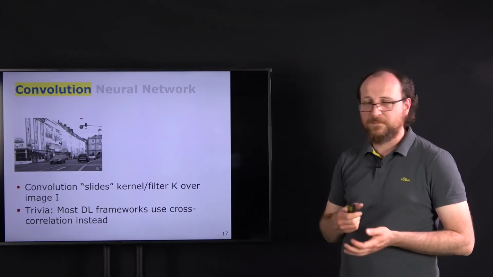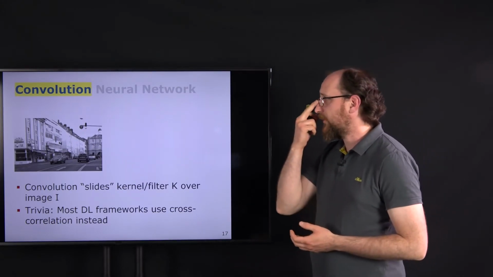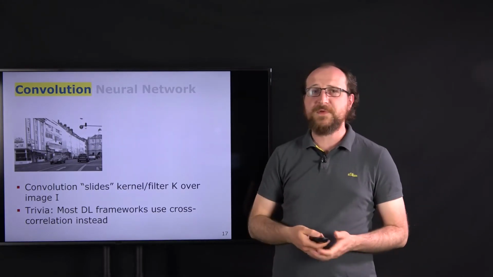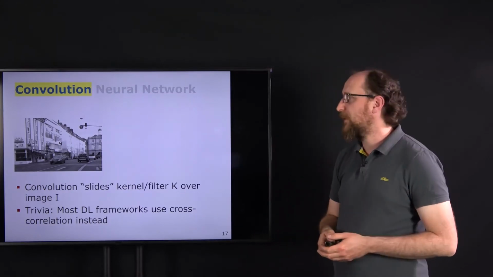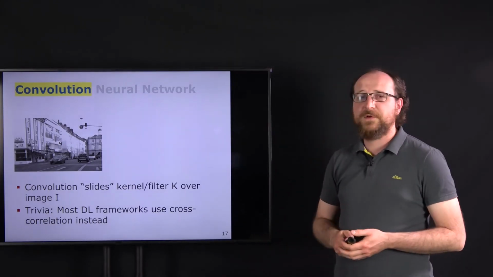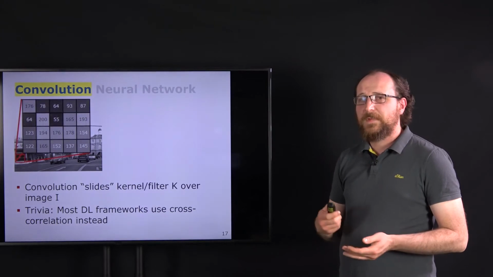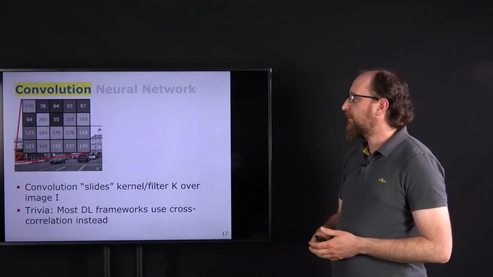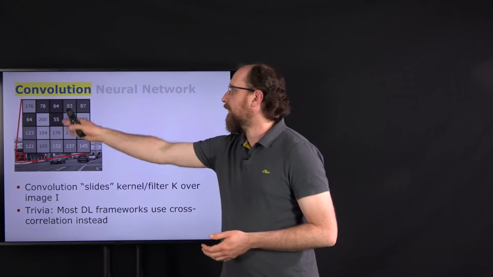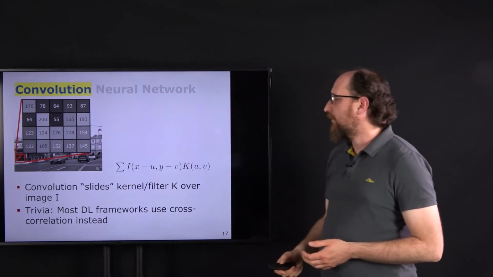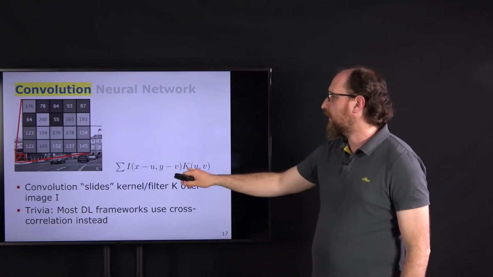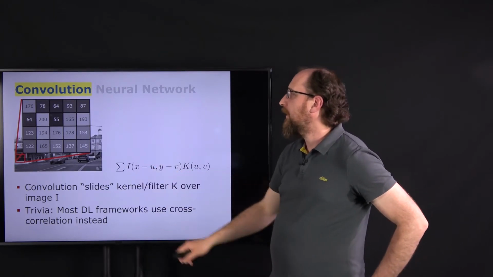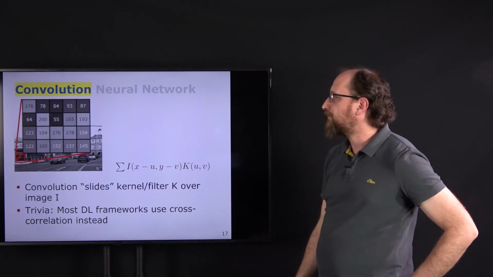The first part of the convolutional network is the convolution. As you might remember from MSR1 or the photogrammetry lectures, applying the convolution is based on these pixels. The convolution uses a kernel that we apply on a certain part of the image.